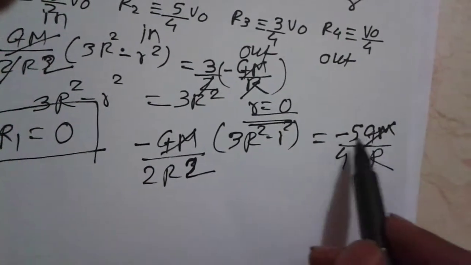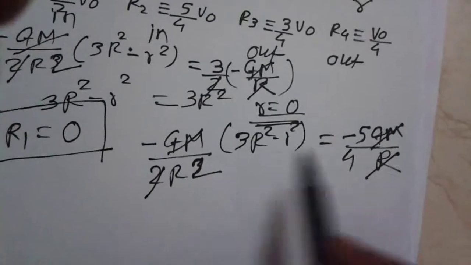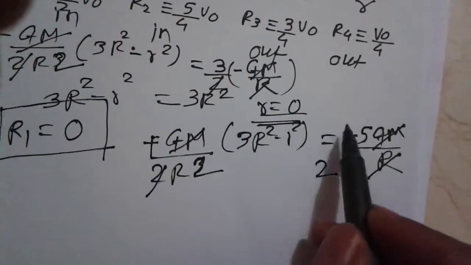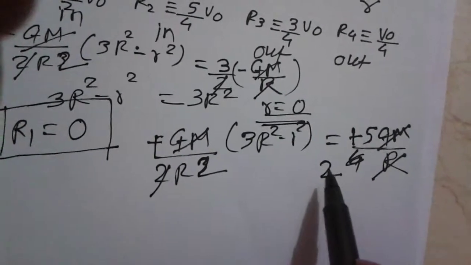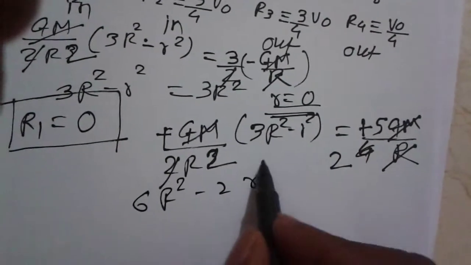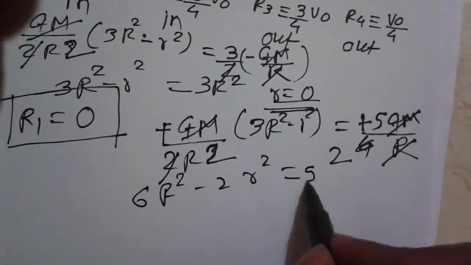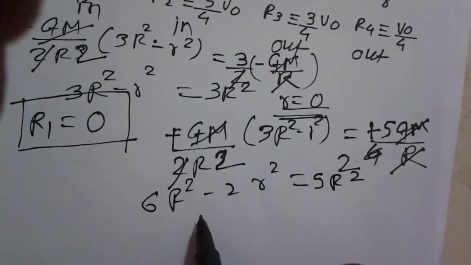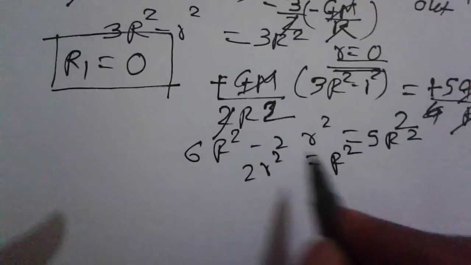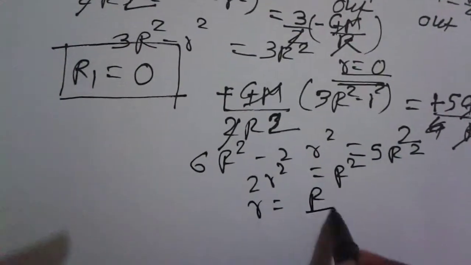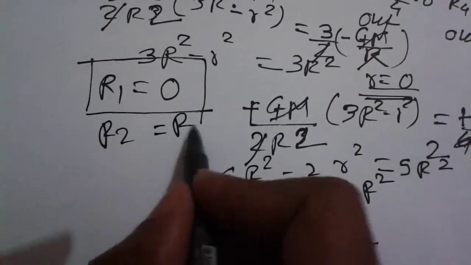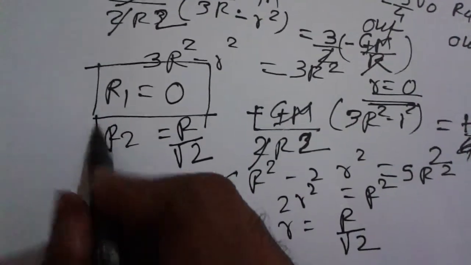R cube will become R square as this R goes, and the 2 will become 2. Minus will also cancel, and I will get, cross multiply, this 2 will come here, and that gives me 6R square minus 2r square is equal to 5R square, and that gives me 2r square is equal to R square. Of course this is the same as saying r is R/√2, and that is my value of R2, which is R/√2.